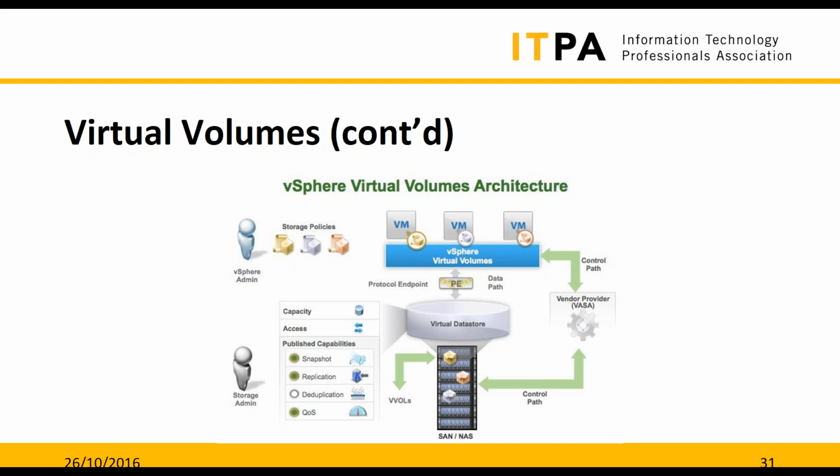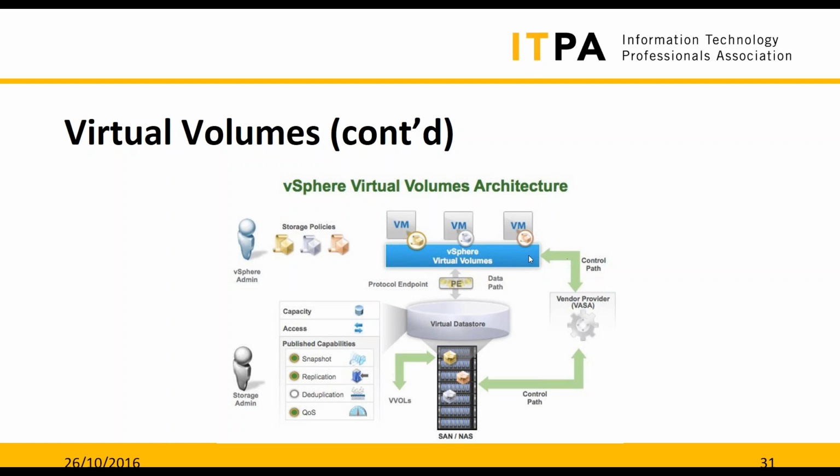Virtual volumes, as I said, the diagrams, again, I promised lots of diagrams. So basically, your vSphere admin defines storage policies. Your virtual volumes are then defined, and each of your virtual machines is assigned to a policy. As you can see here, it's using gold, silver, bronze as an example.